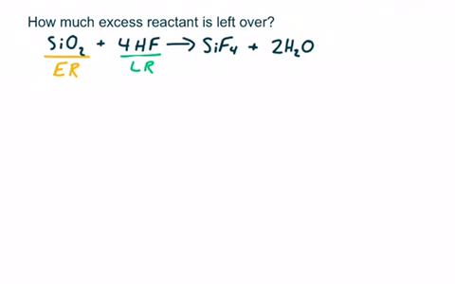Now let's suppose we were asked a second question: if hydrofluoric acid is the limiting reactant, then after all of it's used up, how much of the excess reactant will be left over? Now we have to compare the amount of hydrofluoric acid with the amount that will be reacted out of the silicon dioxide. We know we were starting with 6 moles of hydrofluoric acid.